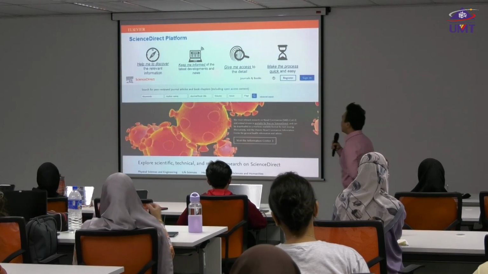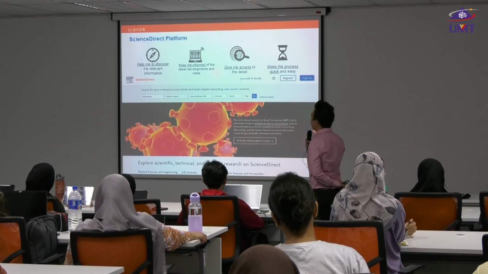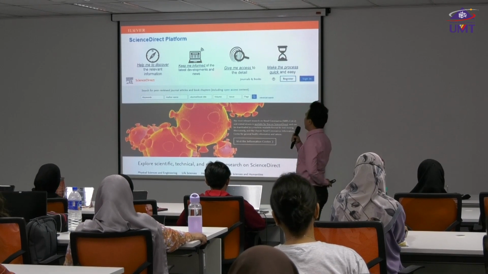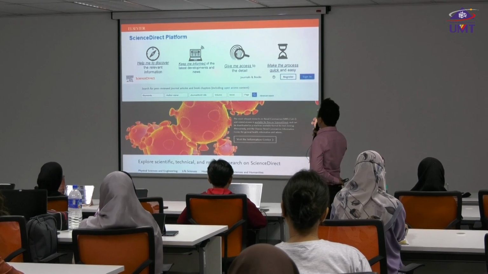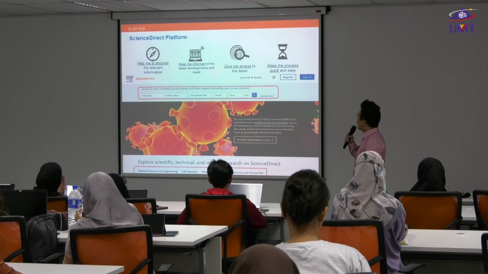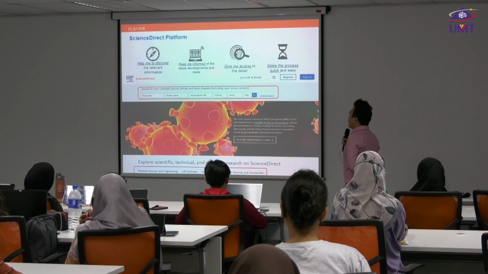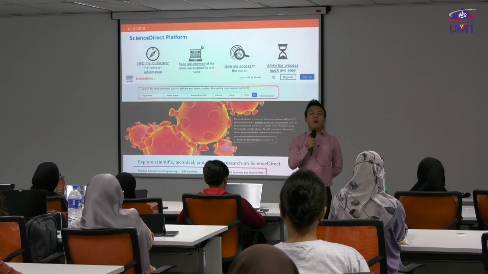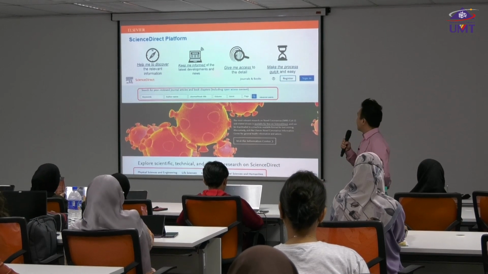So this is how the Science Direct platform looks. It will help you to discover the relevant information, keep you informed of the latest developments and news, access the details, and make the process quick and easy. Whatever I'm highlighting here, most of the time I will encourage students to perform the search by using keywords, right?